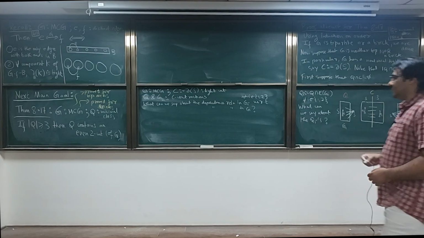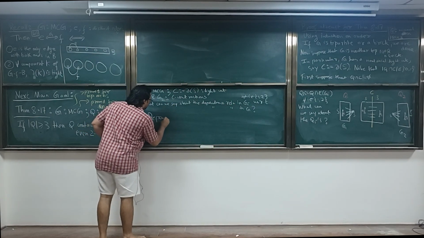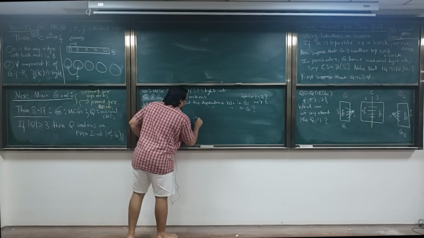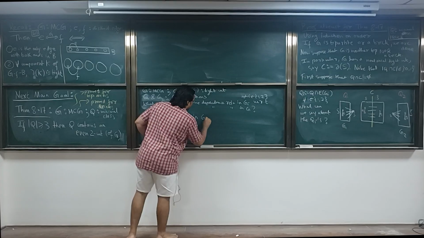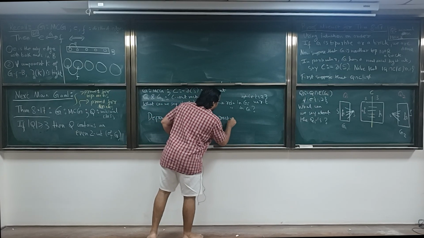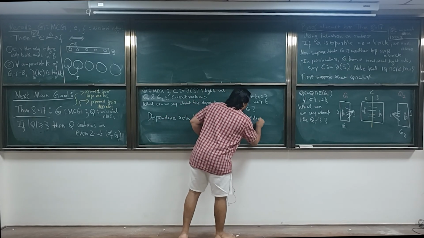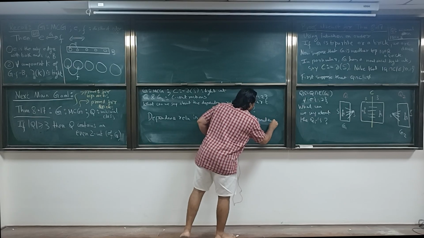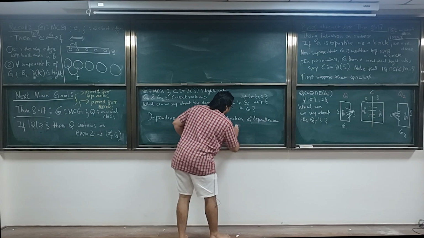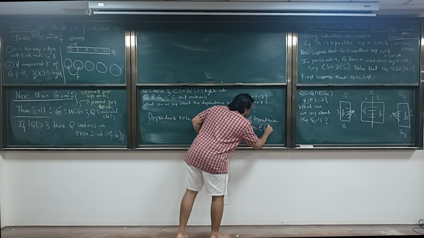So the conclusion here is the dependence relation in Gi is precisely the restriction of the dependence relation in G to the edges of Gi.